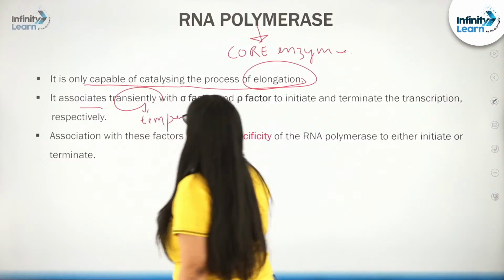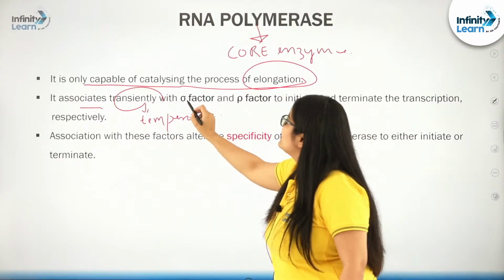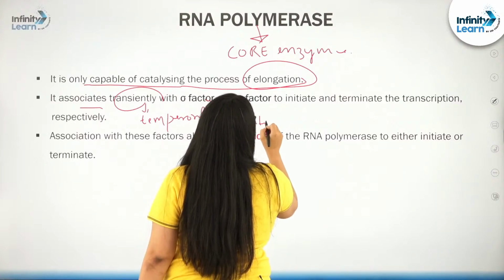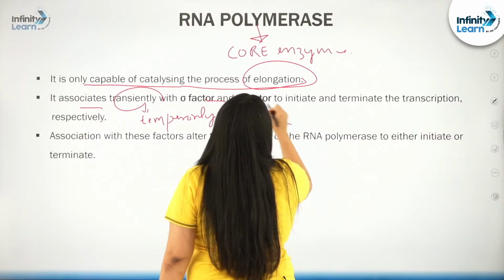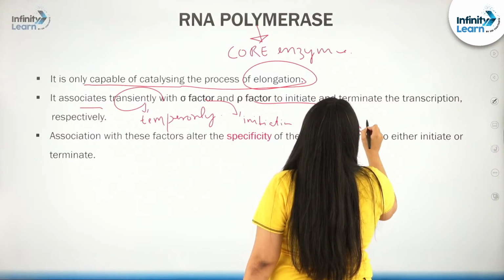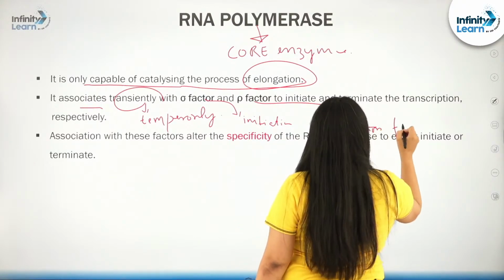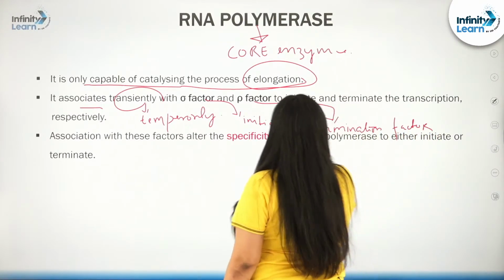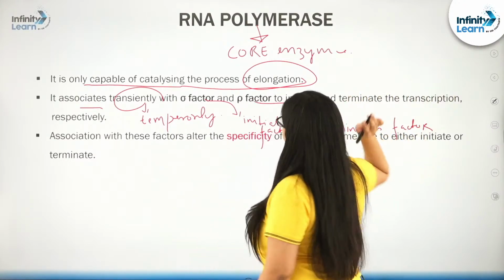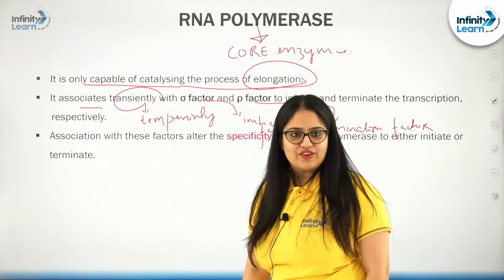So, temporarily it will associate with sigma factor, which is the initiation factor, and with rho factor, which is the termination factor, to initiate and terminate transcription respectively.